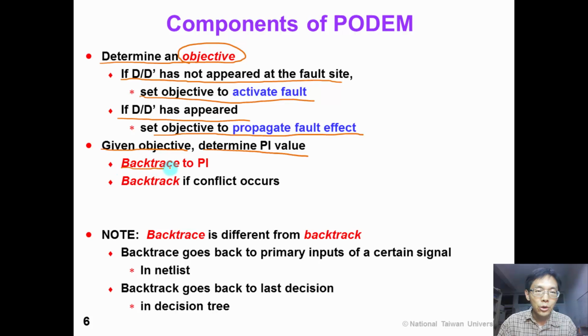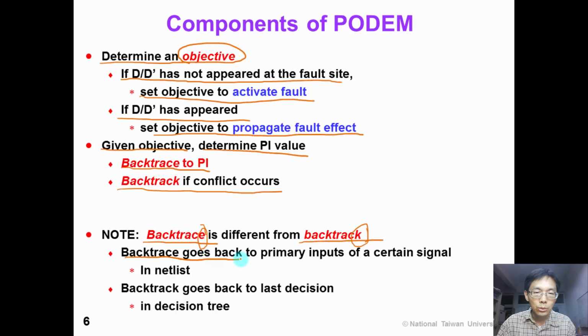Given an objective, we need to determine the primary input value. We need to backtrace to choose a primary input. If any conflict occurs, we need to backtrack. Please note that backtrace and backtrack are two different concepts. Although they differ in only one letter, their concepts are totally different.